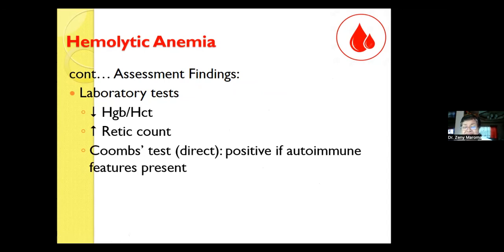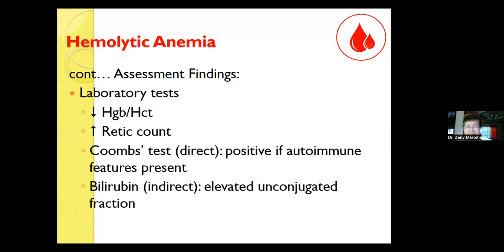Ano yung Coombs test? It detects antibodies that are stuck to the surface of RBC. May antibodies na nakakabit, nakastuck to the surface of RBC. Yun ang positive Coombs test. It's really autoimmune cause. Okay?